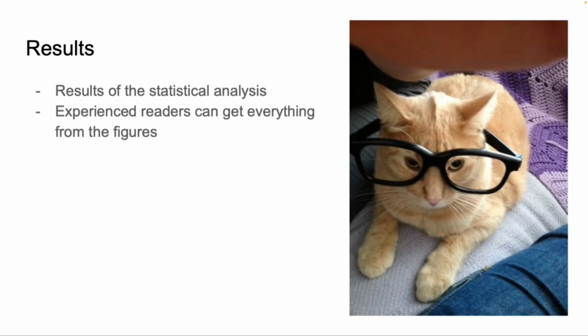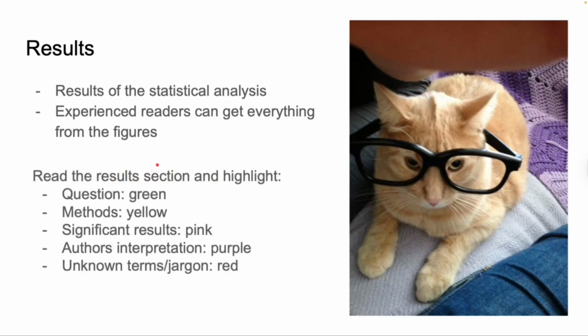And that usually tells me everything that I need to know. I only really do a full read through of the paper, like the methods and the full results, if I'm trying to replicate it or I want to get some specific information that I couldn't get from the figures.